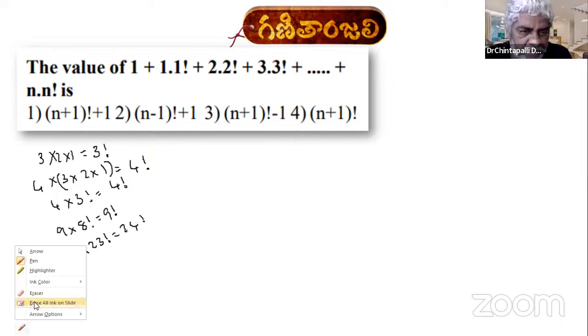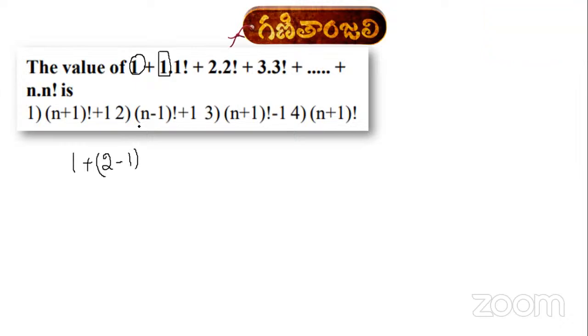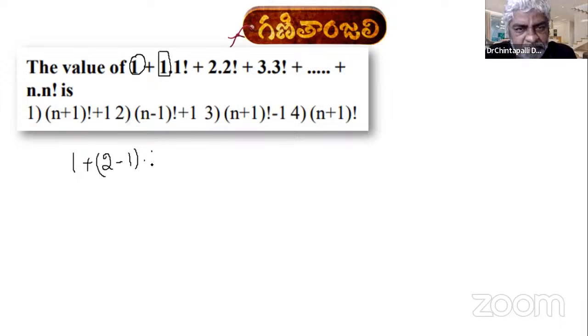Now, coming to the question. First, this is 1. We are writing 1 as it is. Next, this is 1. This one is changed as 2 minus 1, into 1 factorial. What about this term?